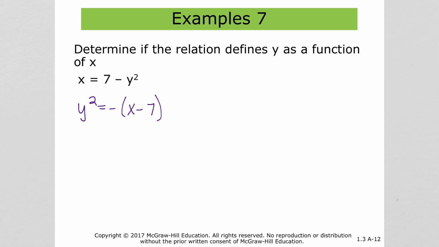And when we take the square root of both sides, that gives us y equals plus or minus the square root of -x minus 7. And so because of the plus or minus, this is not a function.